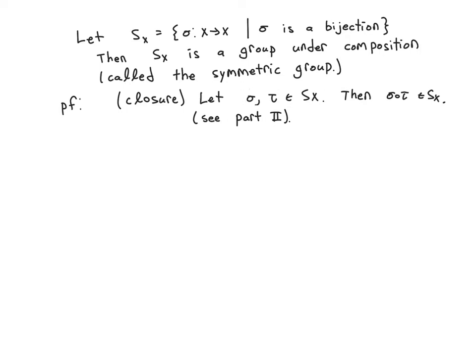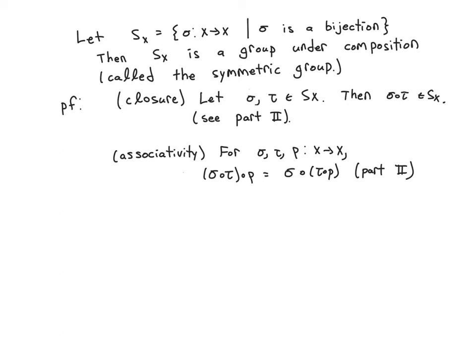In other words, given two bijections, sigma and tau, their composition is also a bijection. I'm not going to prove that in this video. A lot of the proof of this theorem is going to be held off for the next part, because these are facts from Math 3350. If you remember these facts from Math 3350, you can skip the next video. If you don't, I'd recommend watching the next video.